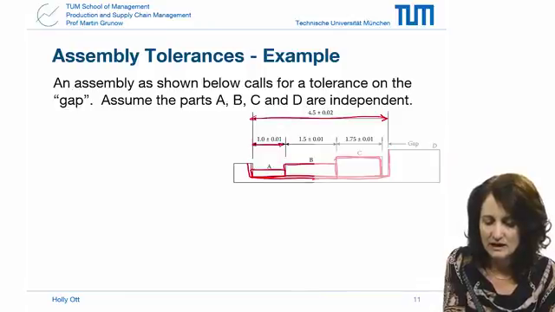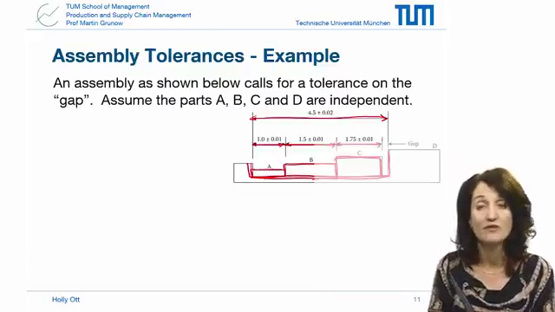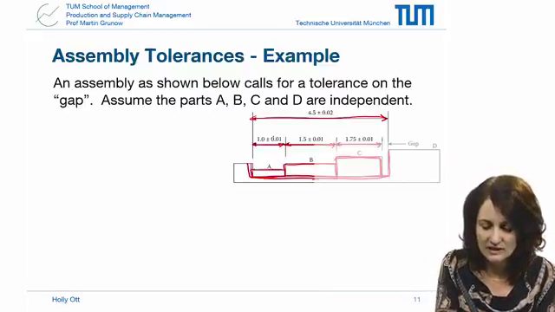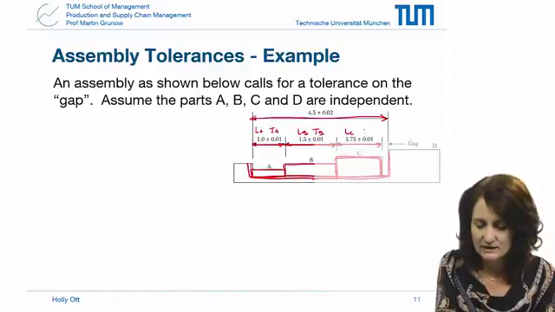And we know how long each of these A, B, and C parts are, 1, 1.5, and 1.75. Each of these has a tolerance of 0.01. So this is LA, TA, LB, TB, LC, TC, and this is LD, TD.